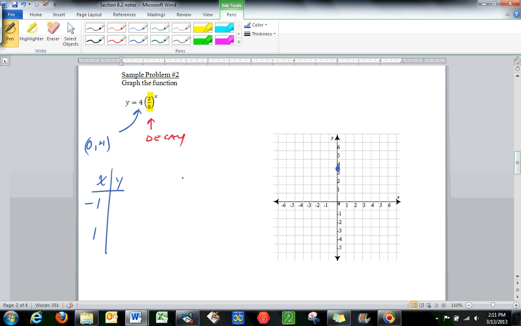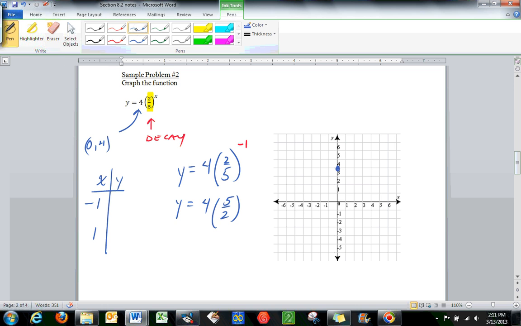And if we look at the -1 value, let's just go ahead and plug that in. That's 4 times 2/5 to the -1. Anytime we have a negative exponent, we want to flip the fraction. So that gives us 5/2 to the first power, and of course there's no need to write the first power.